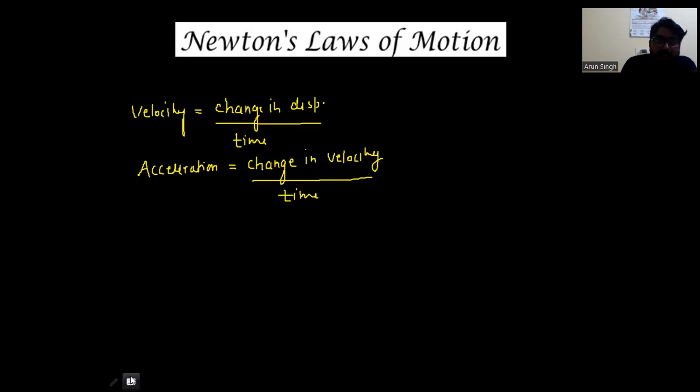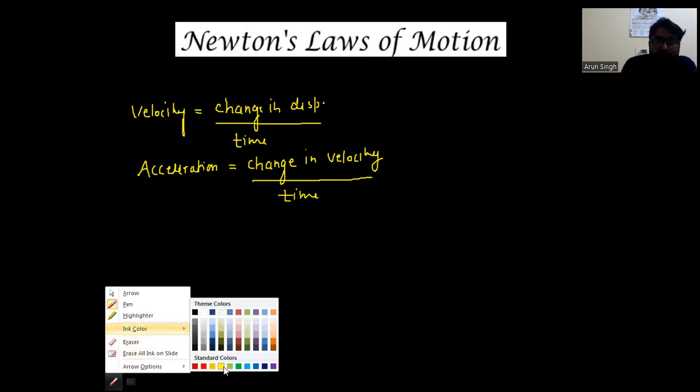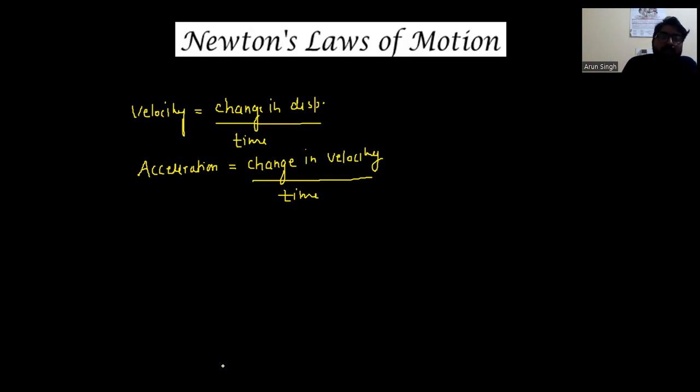If force is not applied, then velocity will not change, acceleration will not change, displacement will not change, distance will not change. So which quantity does everything depend on? Force. Keep in mind, force is the quantity that changes velocity, acceleration, displacement, anything. So force is a very important quantity.